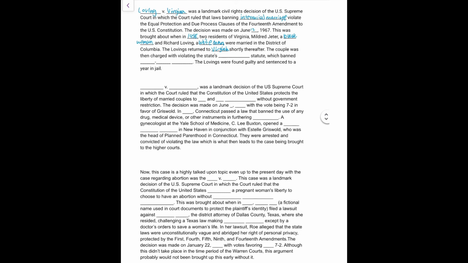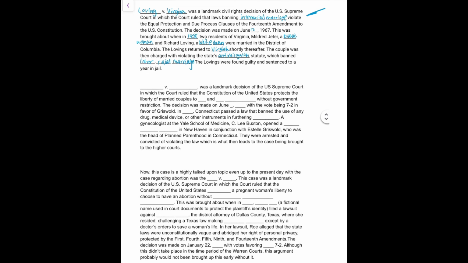The couple was then charged with violating the state's anti-miscegenation statute, which banned interracial marriages. The Lovings were found guilty and sentenced to a year in jail. So after this, they brought it up to higher courts, and this is how this decision came about.